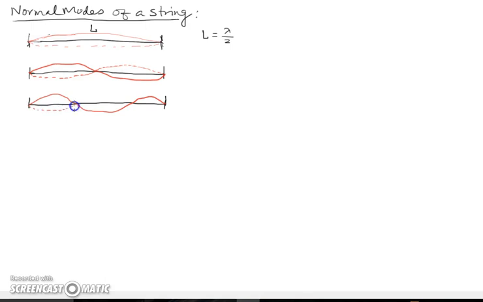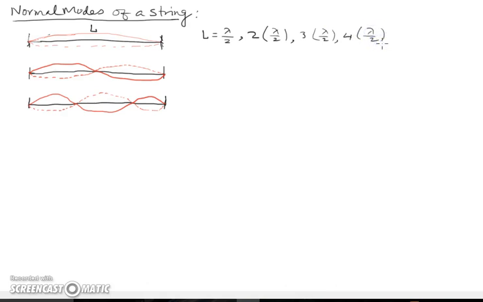It creates like that. So L can correspond to half wavelength, or it can correspond to 2 half wavelength, or 3 half wavelength, or 4, which I haven't drawn here, so it will keep on going like so.